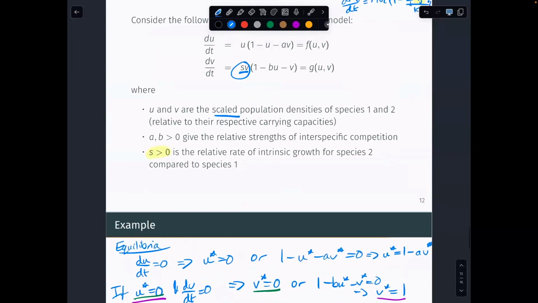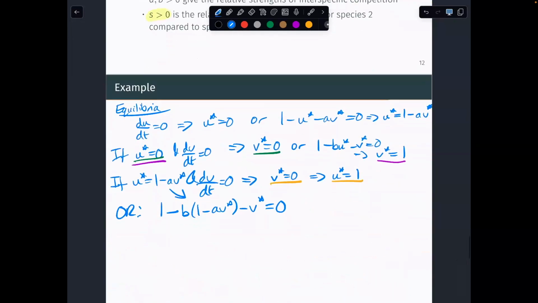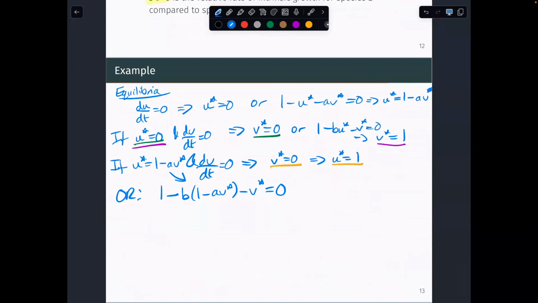So all I've done here is I've said, okay, we've got u star equal to 1 minus ab star, v star is non-zero, therefore this term here must equal 0. Substituted it in. You rearrange this and you end up with v star is 1 minus b over 1 minus ab.